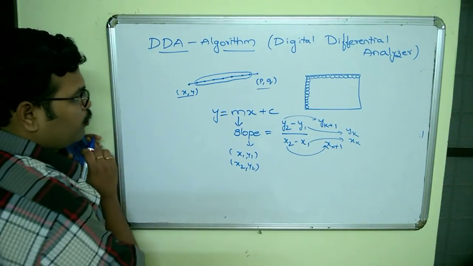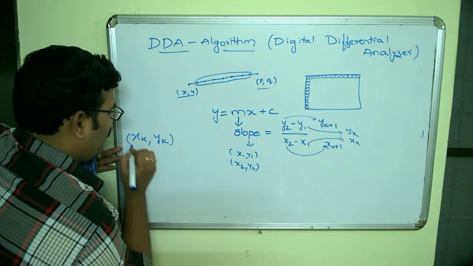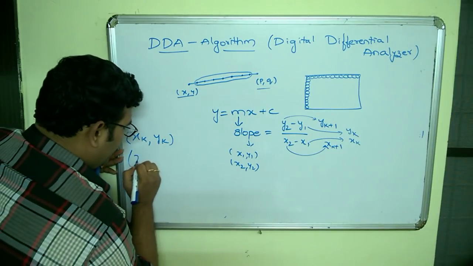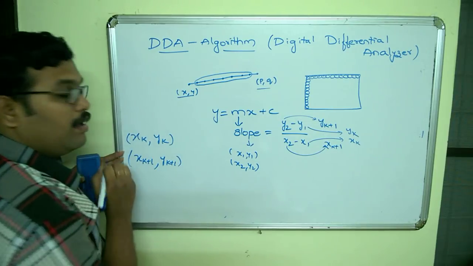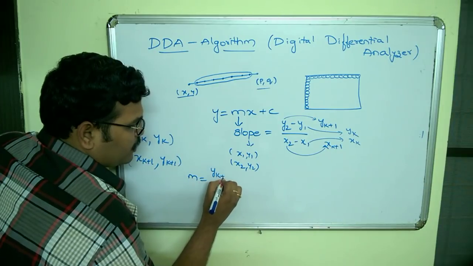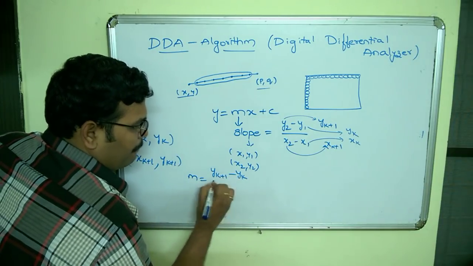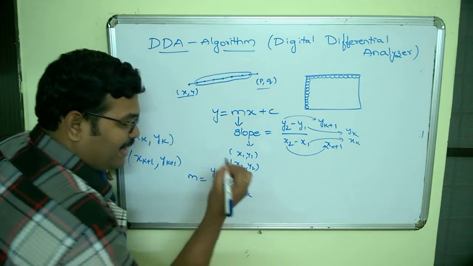So if the 2 points are xk comma yk and the next point is xk plus 1 comma yk plus 1, then the slope is yk plus 1 minus yk by xk plus 1 minus xk.